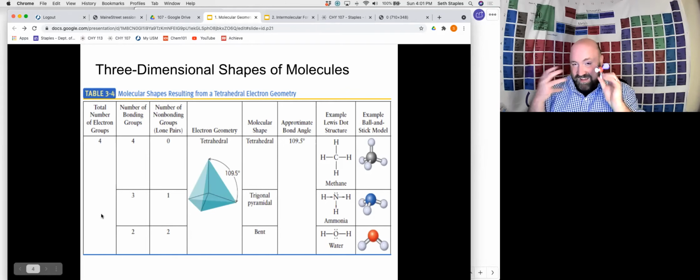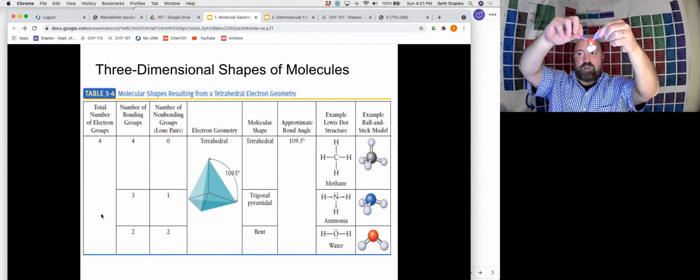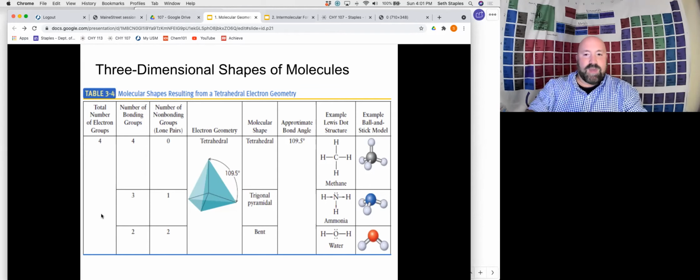So it's a tetrahedral electron domain geometry, but 1, 2 of those are bonding groups, and 1, 2 of those are non-bonding groups. And so we have what we call a bent molecular geometry, called such because if we don't even bother looking at our lone pairs, this is what the shape of a water molecule really looks like. So we can see that bent shape of our overall structure when we look at just the atoms.